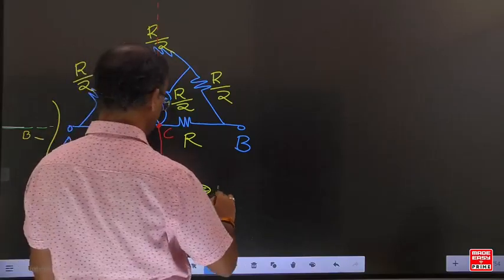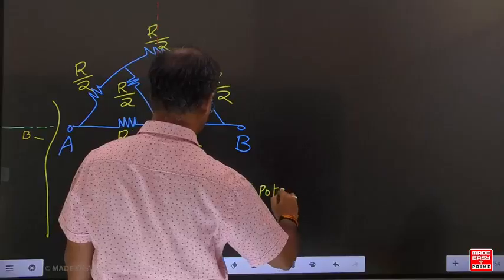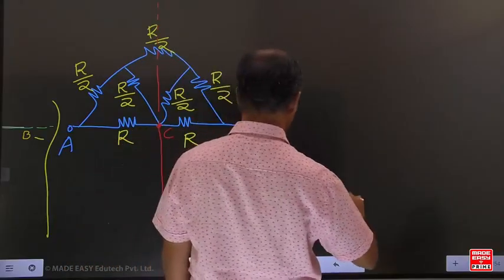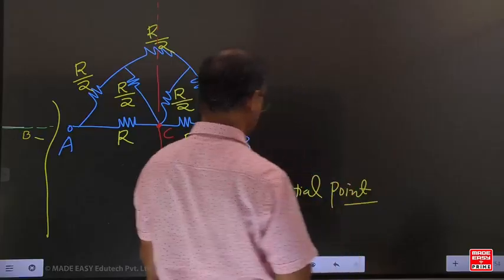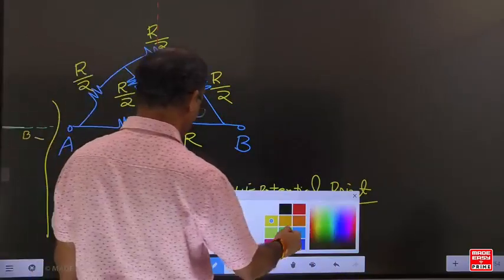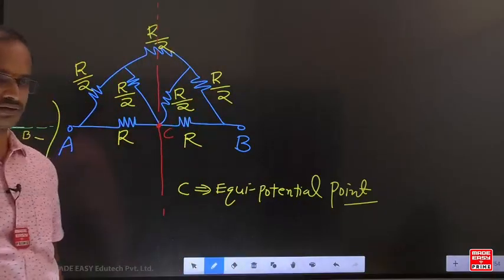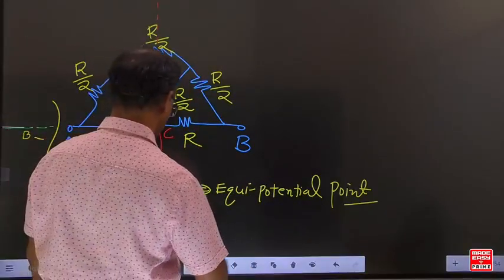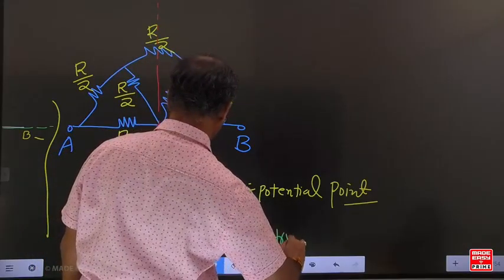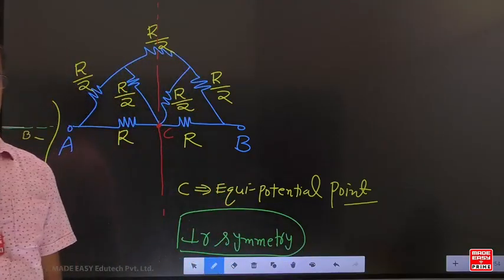Now here C is an equipotential point. Previously I already concluded that with respect to the dotted lines, this part and this part are exactly identical. So which symmetry are we going for here? Perpendicular symmetry.